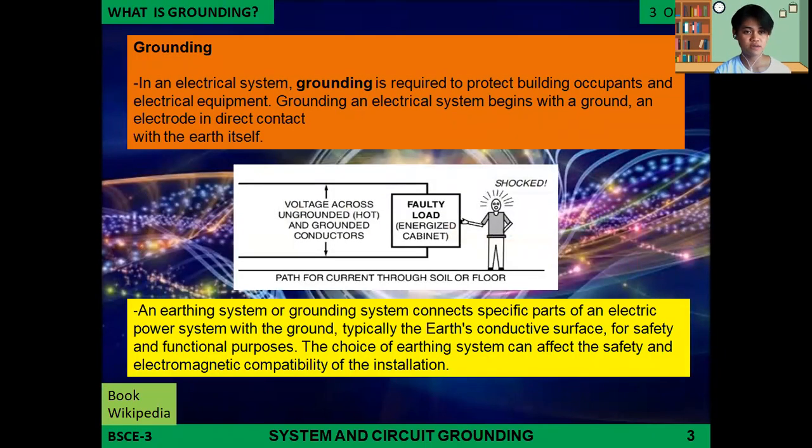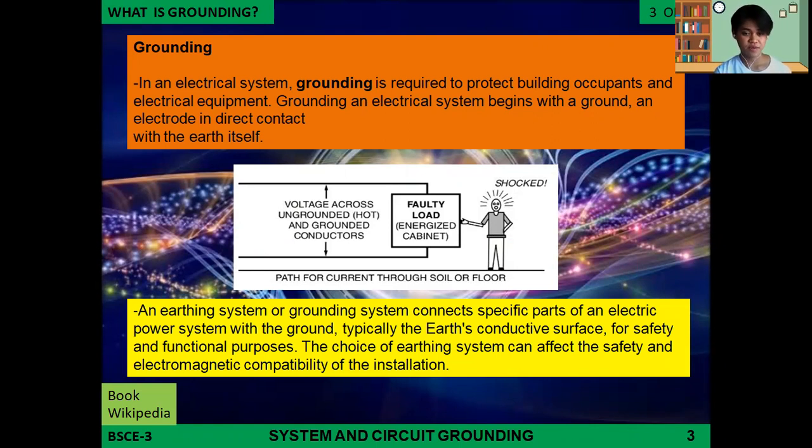What is grounding? Grounding is an electrical system. Grounding is required to protect building occupants and electrical equipment. Grounding an electrical system begins with a ground electrode in direct contact with the earth itself.